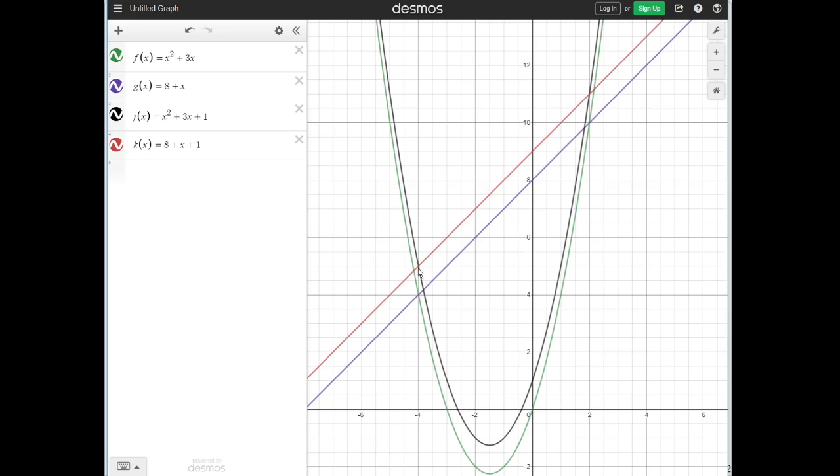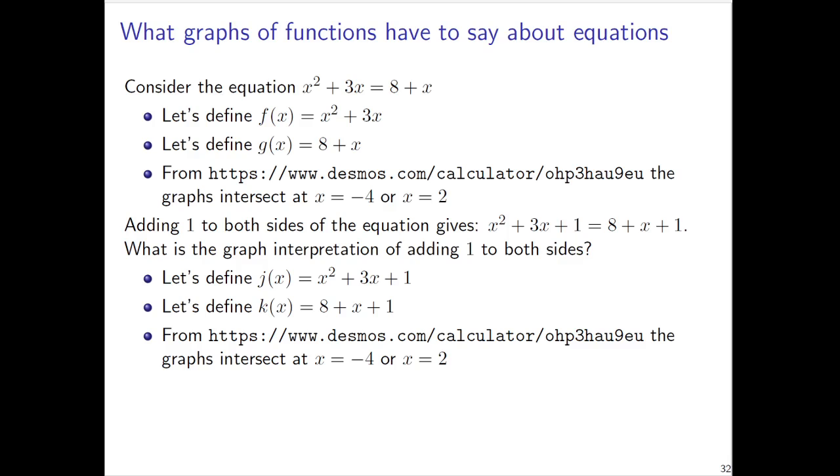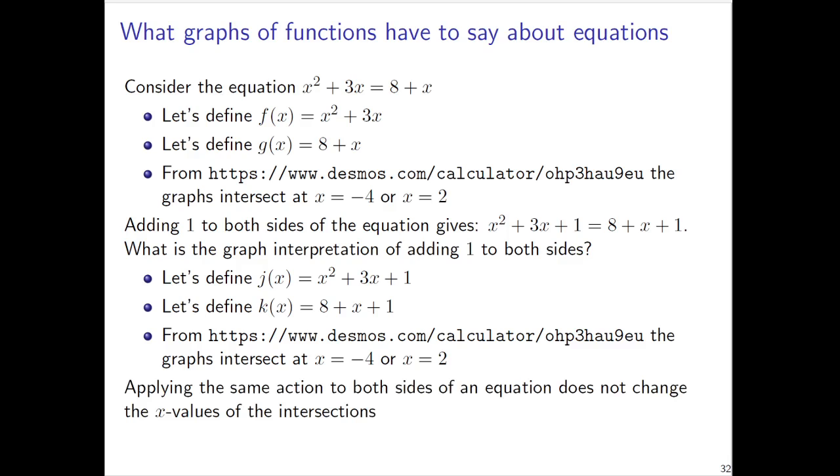And still, the x-coordinates of the intersections happen to be at the same place. So applying the same action to both sides of an equation does not change the x values of the intersections, which is good because though the equation may look different, we get an equivalent problem, and the x values that are relevant will be the same.